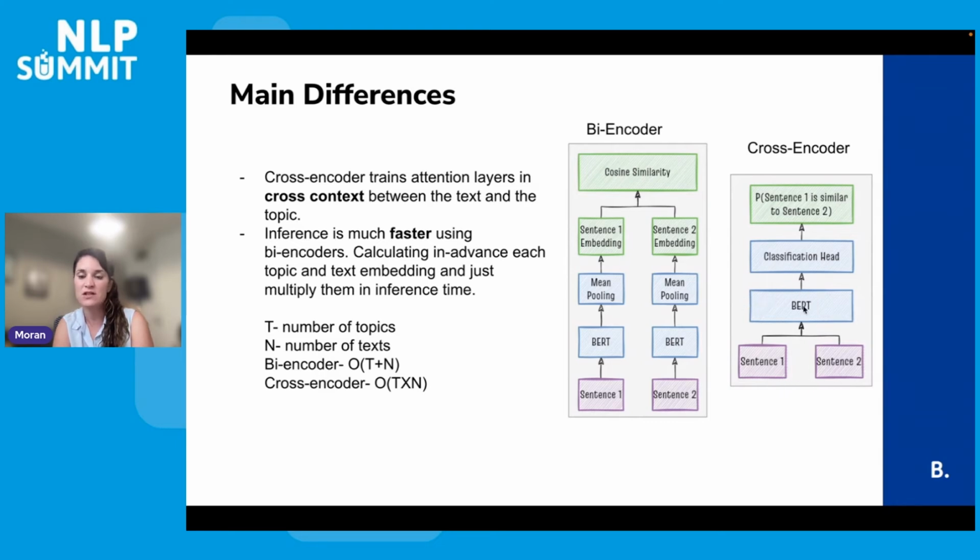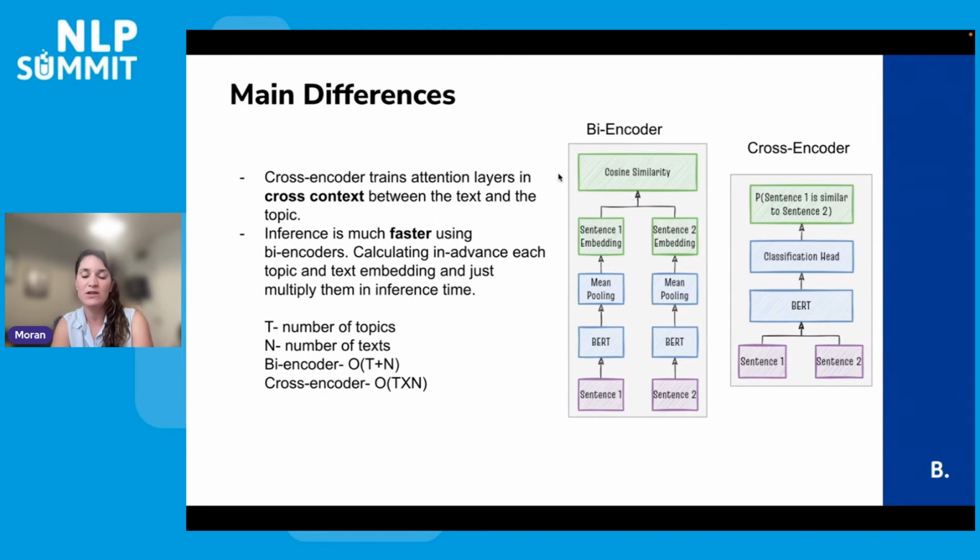And then the attention layers within BERT will learn how each part of the text is related to the topic. So for example, if we have the swimming pool review and the swimming pool topic, it learns the specific location in the text that is related to the swimming pool. So this is the main advantage of the cross-encoder.